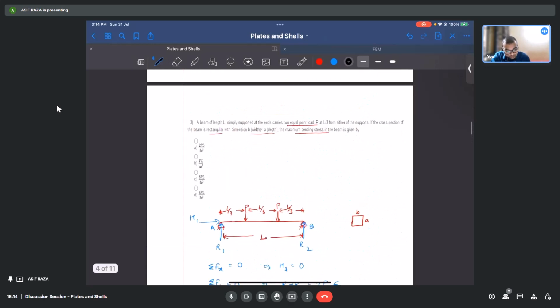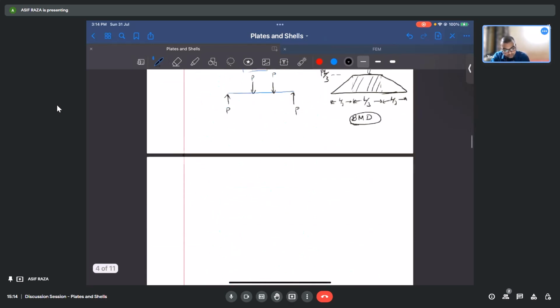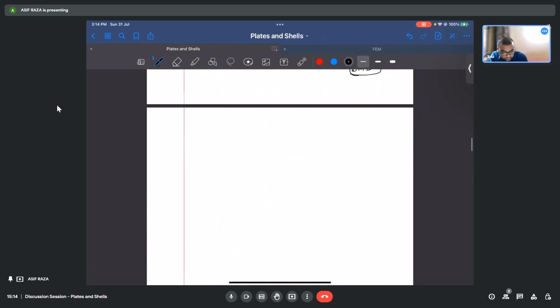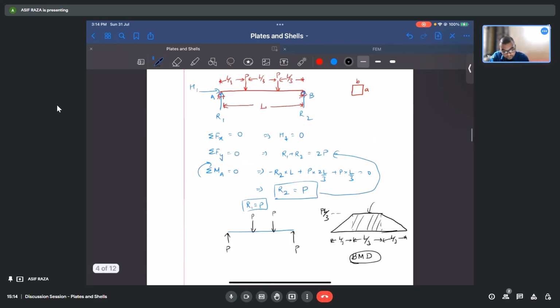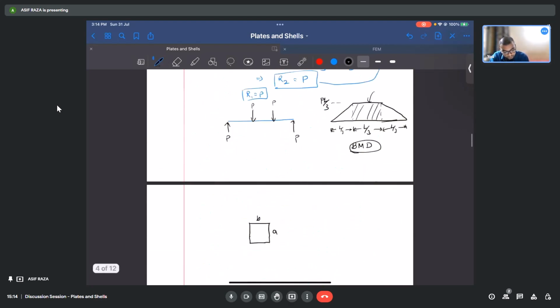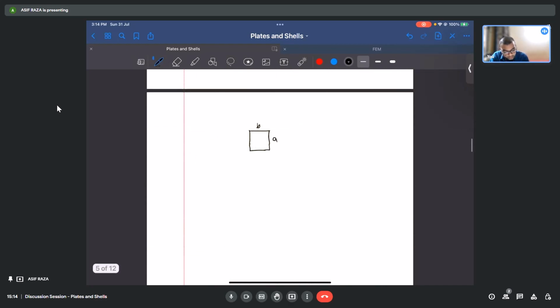Now we have to find the maximum bending stress. We are given the cross section as B by A, right? The moment of inertia for this section is BA cubed by 12, that is width times depth cubed upon 12.